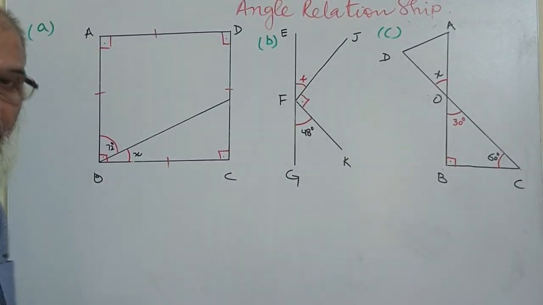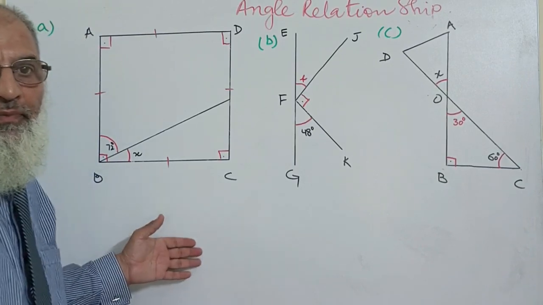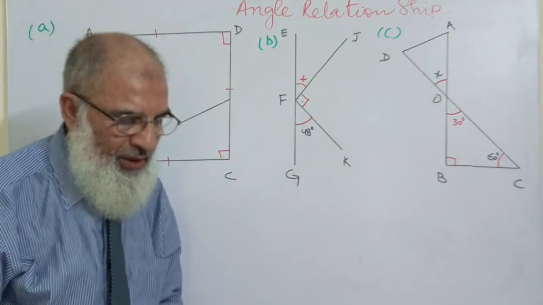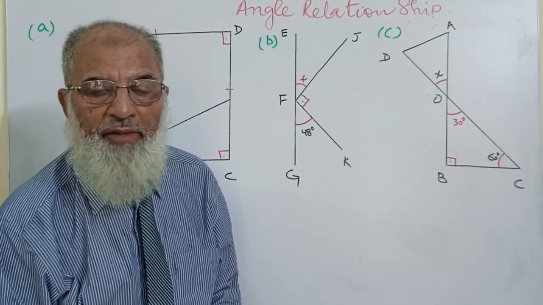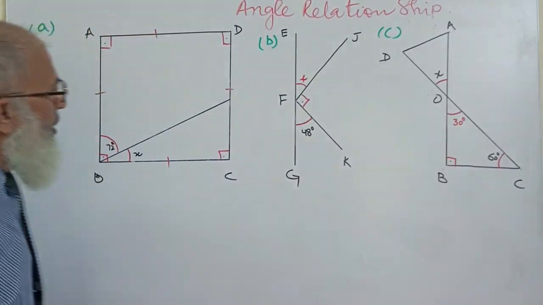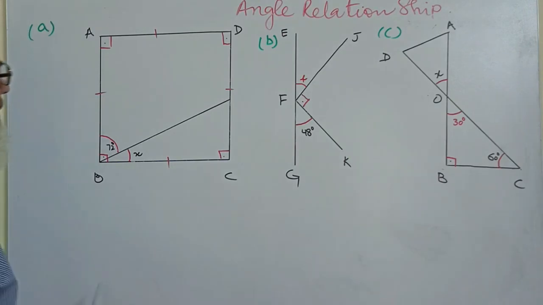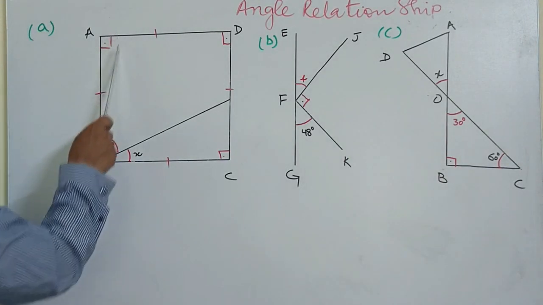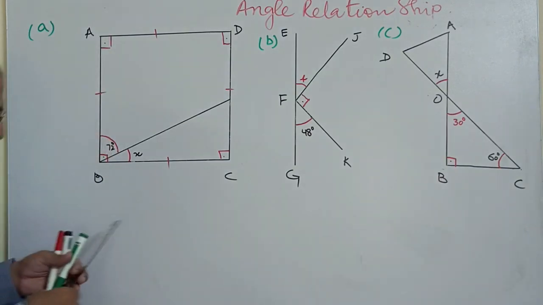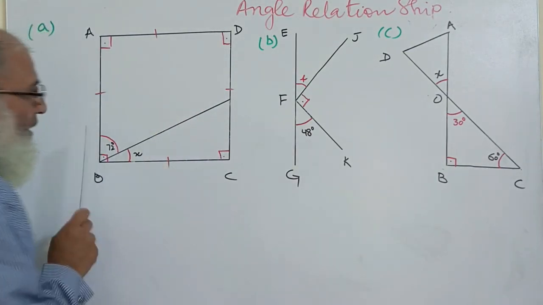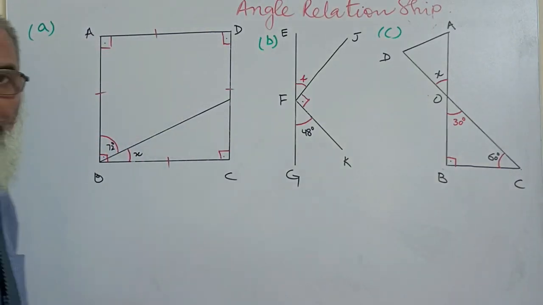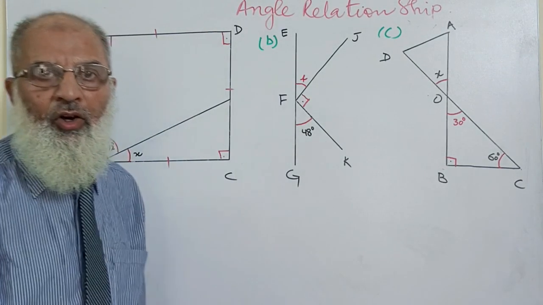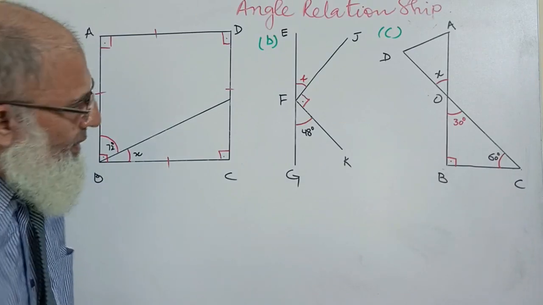Now, dear students, you can see three figures on the whiteboard, and we'll be discussing all of them one by one. Number one thing that I must tell you, that when you see this sign, like this one, this one, this one, and this one, this indicates a perpendicular sign, or it is a 90-degree sign.